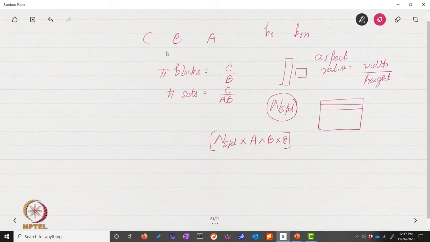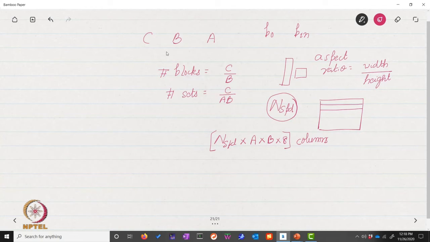So it will essentially have this many columns. Alright? Okay? So this is clear that the number of columns is NSPD, the number of sets per row, multiplied with the number of blocks per set, multiplied with the number of bytes per block, multiplied with the number of bits per byte.